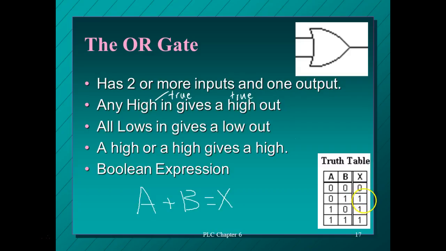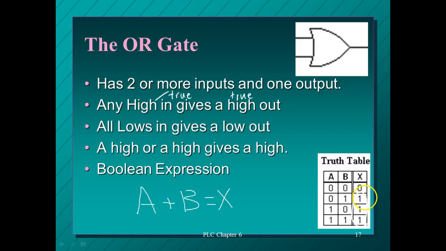Yeah, but look, in truth tables, what we look at is, here we're looking at what it takes to get a 1. This is true. So in truth tables, 1 is true, 0 is false. So look right here. When I got 0, 0, it don't say any low, it says any high. All right, you understand? So any high, is this any high?